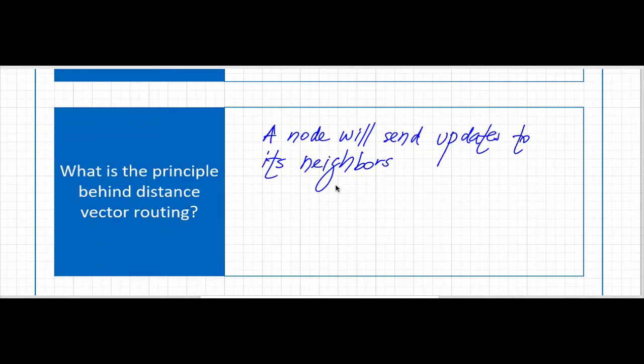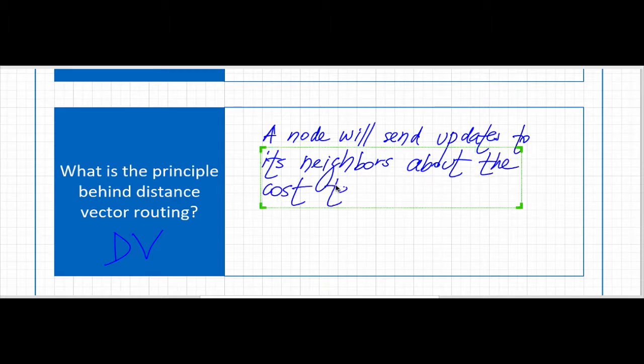And the difference is that in distance vector, a node will send updates to its neighbors, and those updates are going to be about the cost to reach all nodes in the network, or at least all nodes that it knows of at that time.